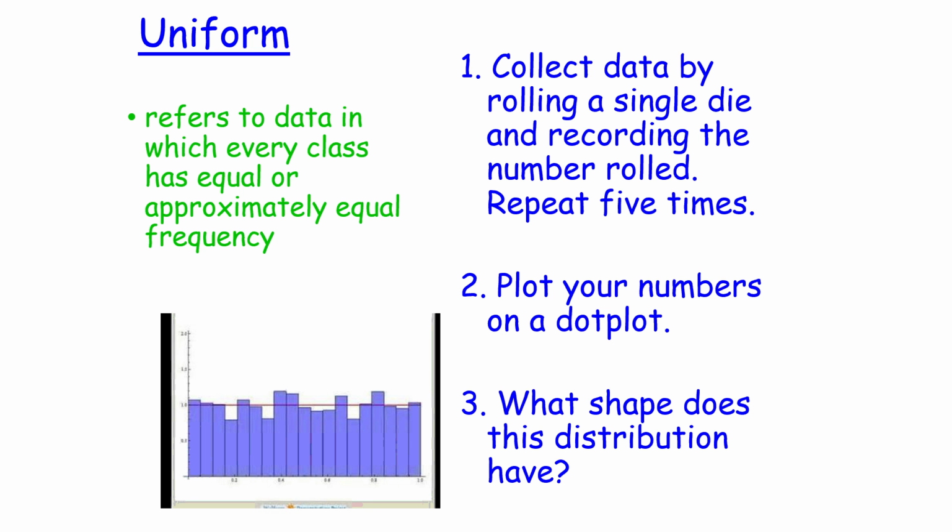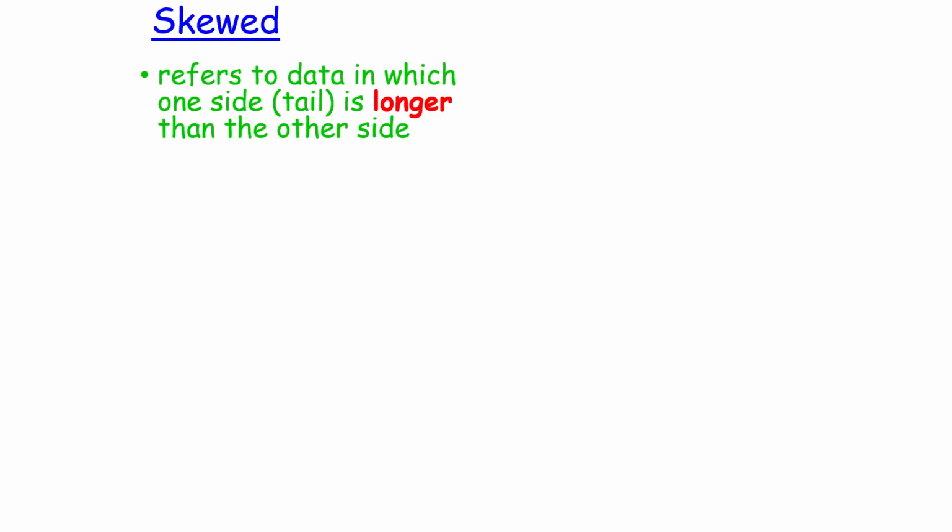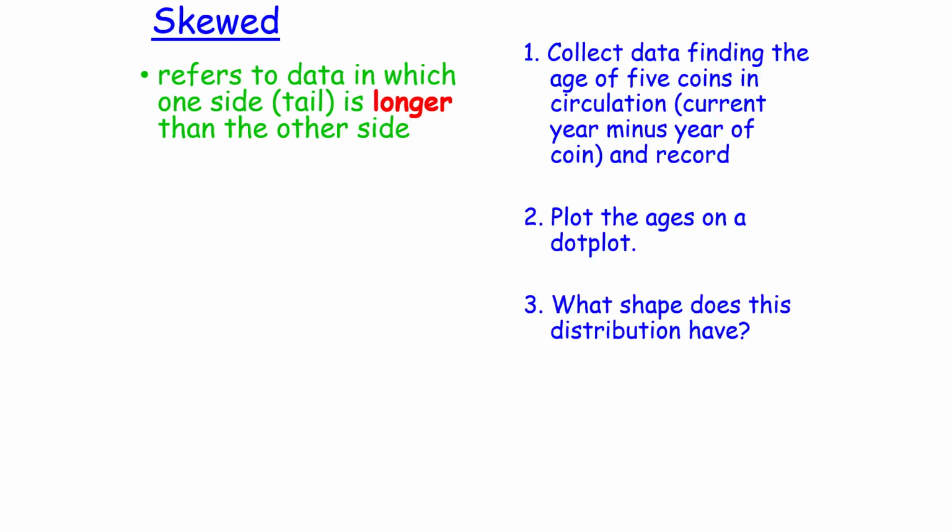Let's talk a little bit more about those skewed distributions that we saw earlier. So skewed is going to refer to data in which one side, the tail, is longer than on the other side. So an example where we might see this would be, for example, if we were to collect data finding the age of 5 coins in circulation, right?